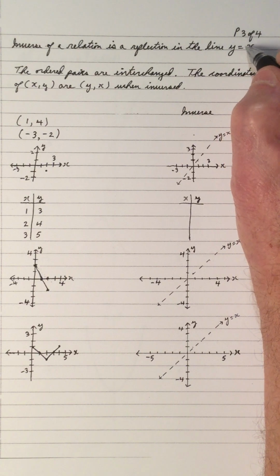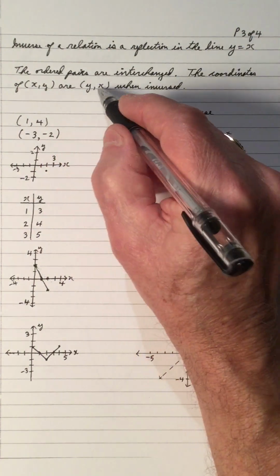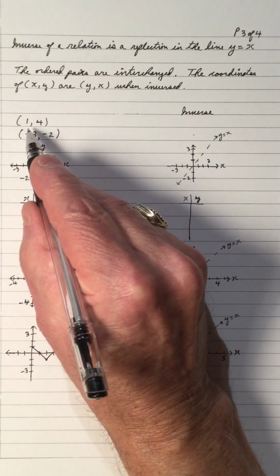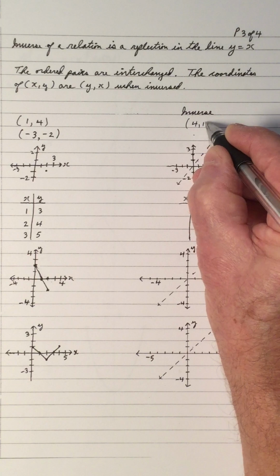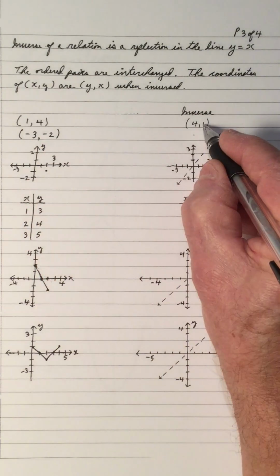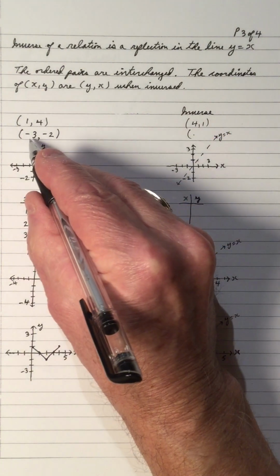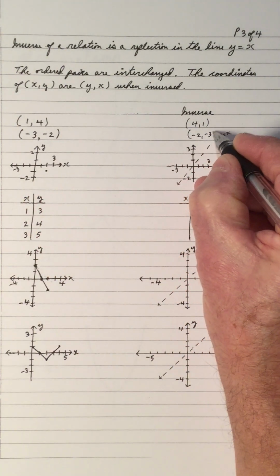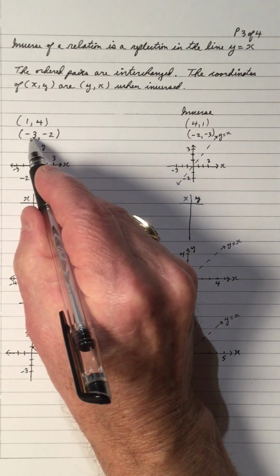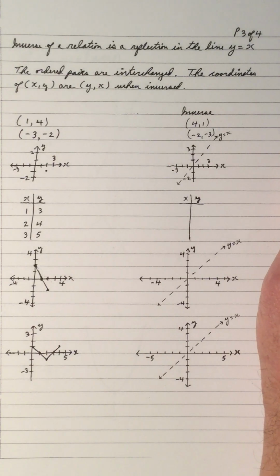Notice y is x, x is y. So if we have an ordered pair of 1, 4, its inverse is 4, 1. And right here, -3, -2 becomes -2, -3. So you can see that the x becomes the y and the y becomes the x.